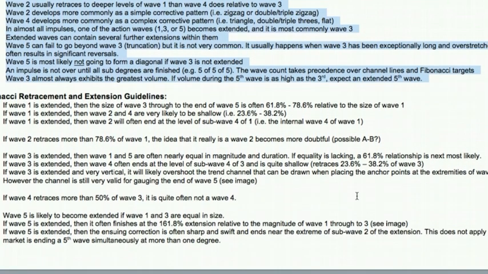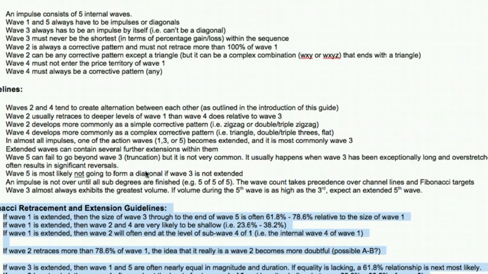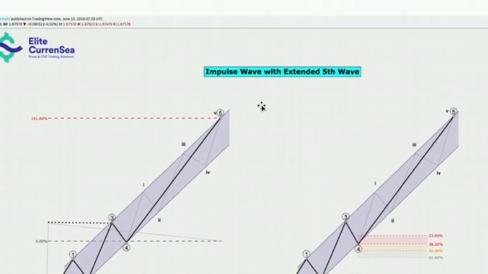And then you also have a detailed summary of all the Fibonacci retracement and extension guidelines, for which you get a visual reference in the associated images, which is why you have two drawings of the same pattern for each pattern.